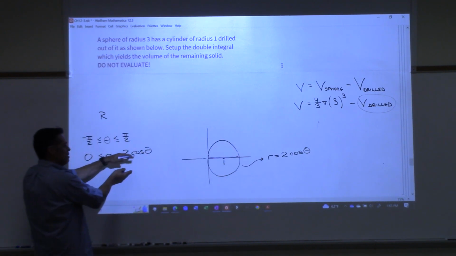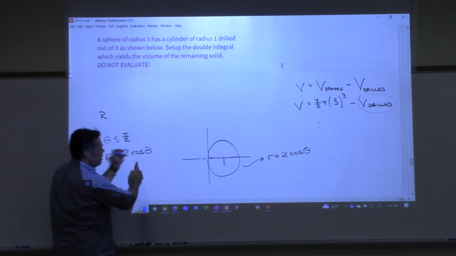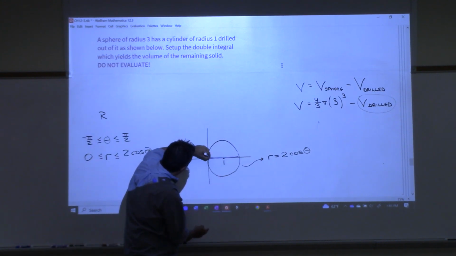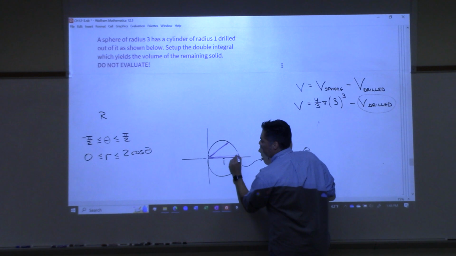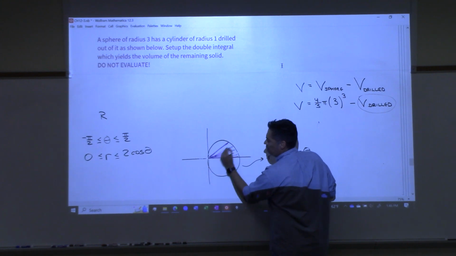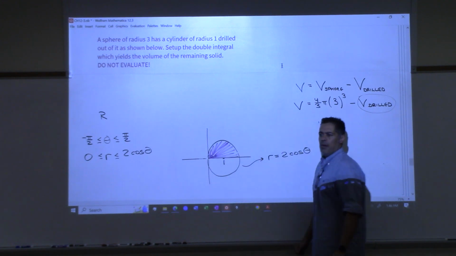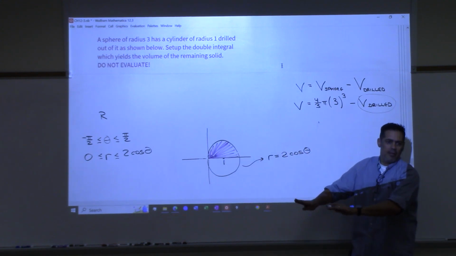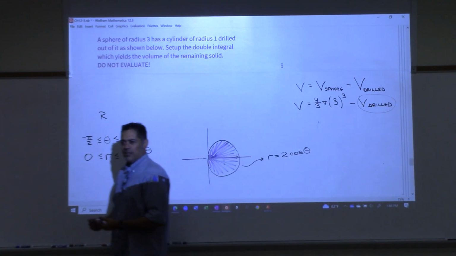If I rotate a little bit, then I go from 0 to whatever that value is, like square root of 2. When we went 45 degrees, I'd go 0 to root 2, and I would draw everything in between. If I did that for all the angles, I'd start filling in all of these, and eventually I'd fill up that top half, and then if I went the other way, I'd fill in the bottom half. That's the way I'm drawing the region.